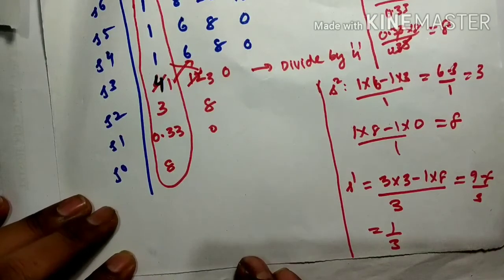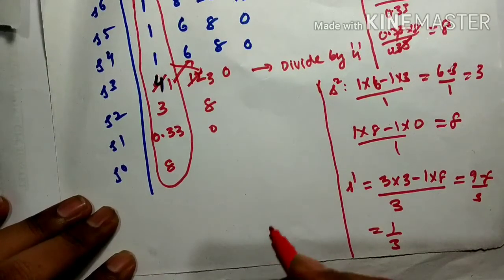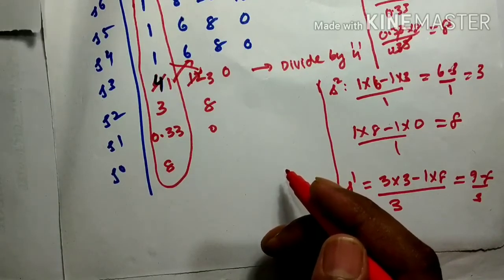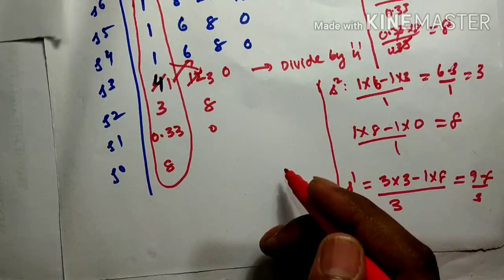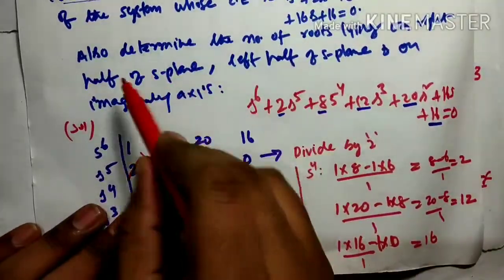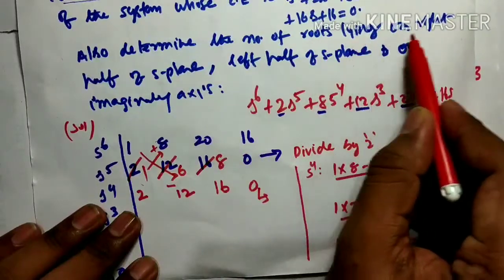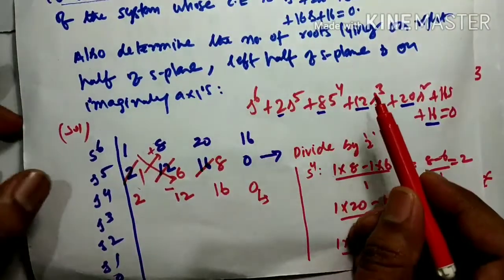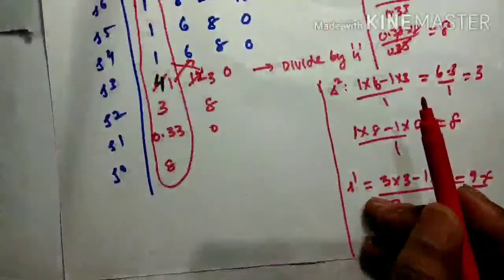So how are we going to find the roots for that? You take the auxiliary equation. In the question also, you have to determine the number of roots lying on the right half of the s-plane, the left half of the s-plane, and on the imaginary axis.